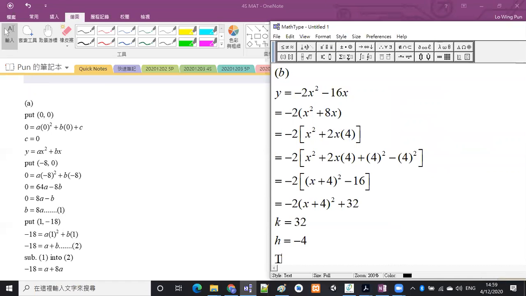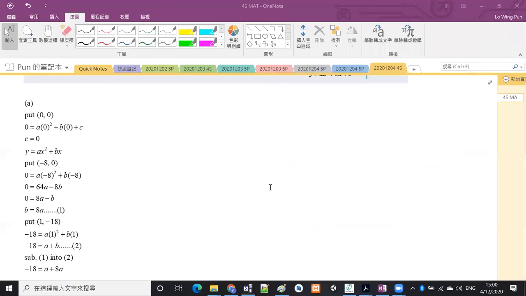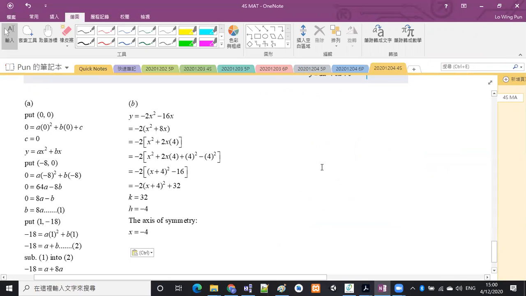Okay, so the axis of symmetry is x equals number, and the number will be the h number, that is -4 in this case. Okay, so this is the axis of symmetry, x equals -4. That is the answer of part B. Is that okay?